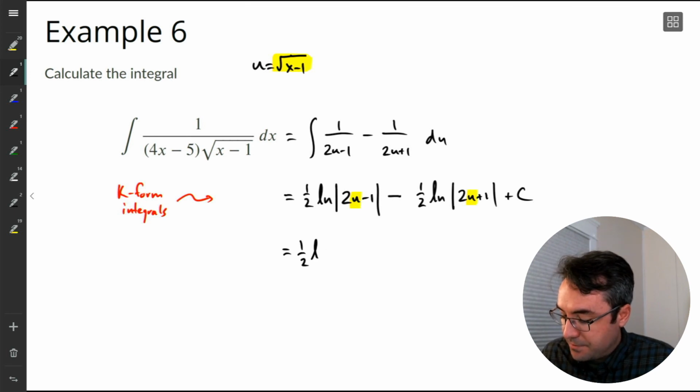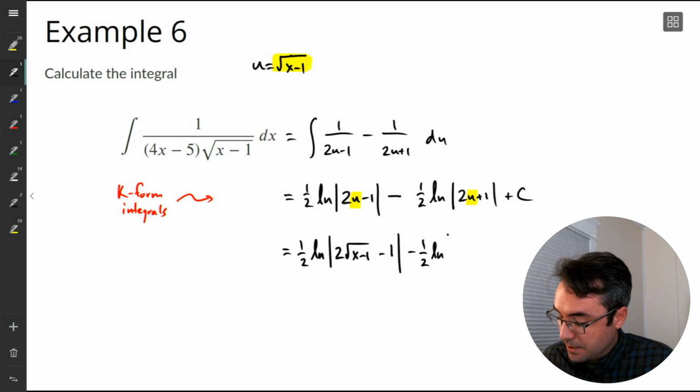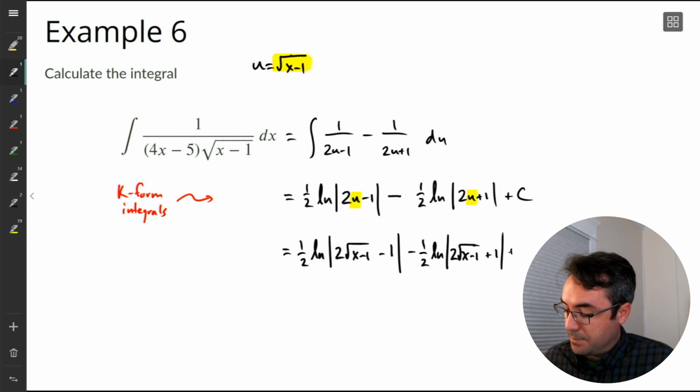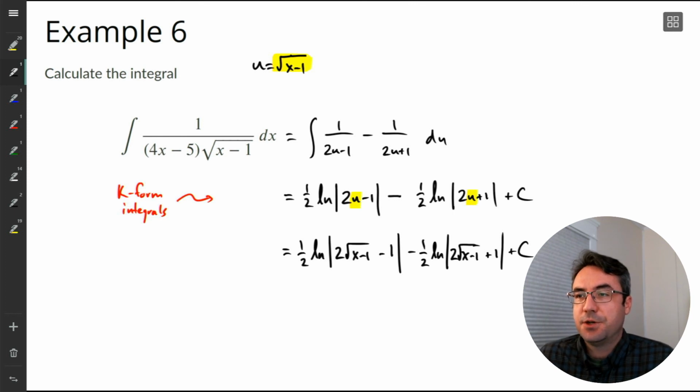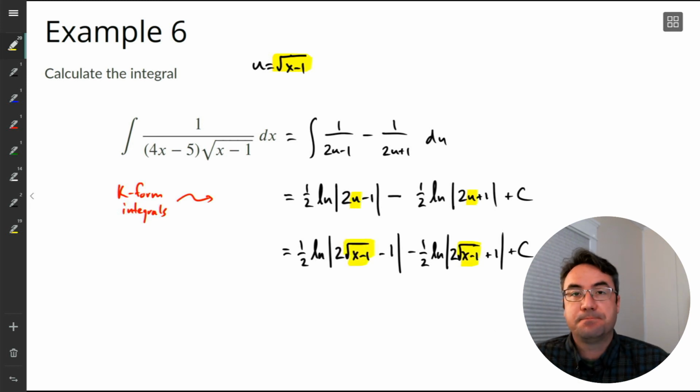So we're going to end up with 1/2 times the natural log of the absolute value of 2 times the square root of x minus 1, minus 1, minus 1/2 times the natural log of the absolute value of 2 times the square root of x minus 1, plus 1. And then plus c. So wherever we had a u in our expression, we had to plug in square root of x minus 1. And now we have our antiderivative. It's all in terms of x.